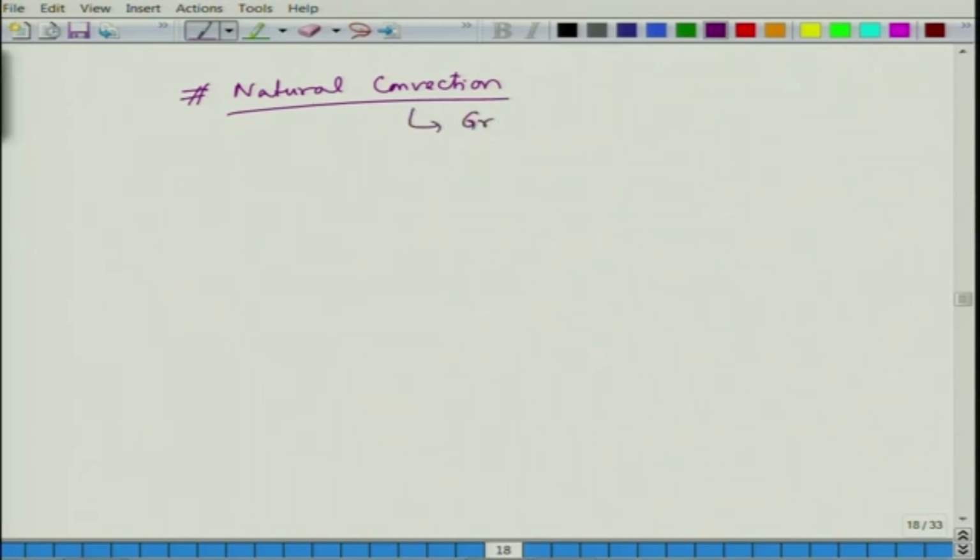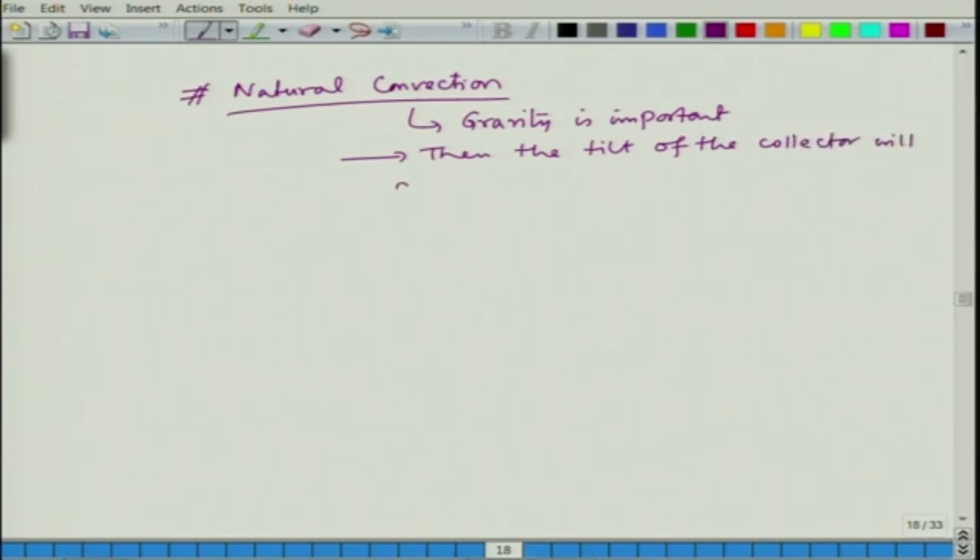So, gravity is important for a natural convection process. So, if gravity is important, then the tilt of the collector will alter the flow pattern, right.